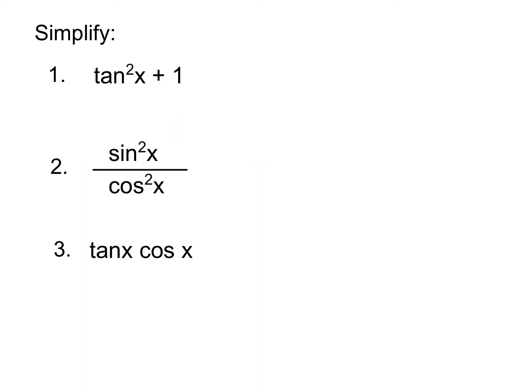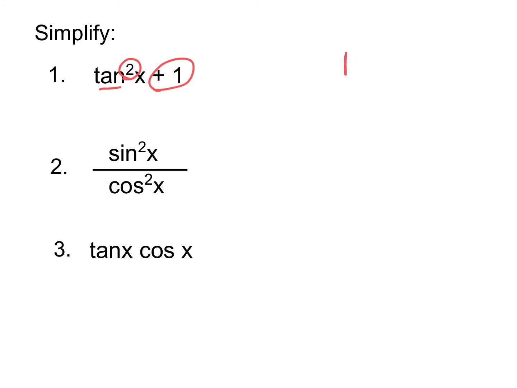Okay, so here's how it works. If you take a look at problem number 1, you're going to notice you have a trig function that is squared and you also have a plus 1. What you should do, anytime you have that plus or minus 1 and a trig function squared, is write down the appropriate identity. So you are going to go to the front of your page and you're going to find the identity that has a tangent squared.